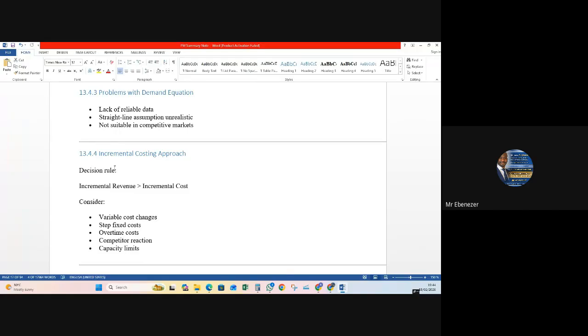Remember I said additional, right? You consider the changes in your variable cost. You consider your step cost. Your step cost can be a fixed cost. In fact, it is only a fixed cost. Variable cost does not have any step. If there is any overtime, it's the same thing. You consider the overtime as well.